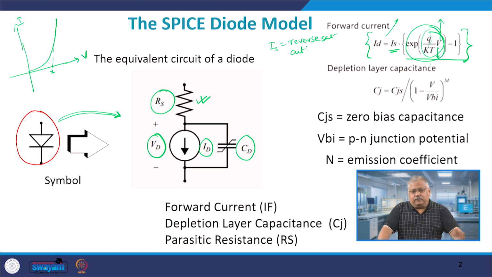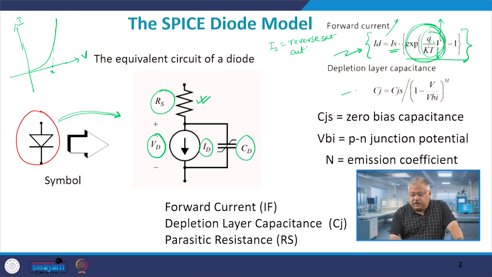Whereas in reverse bias, when V is negative, the exponential is a very small quantity, and therefore the current is reduced to approximately minus Is. This equation, also referred to as the Richardson equation, is the generally favored equation for a p-n junction diode. So, this is the current equation which you see here.